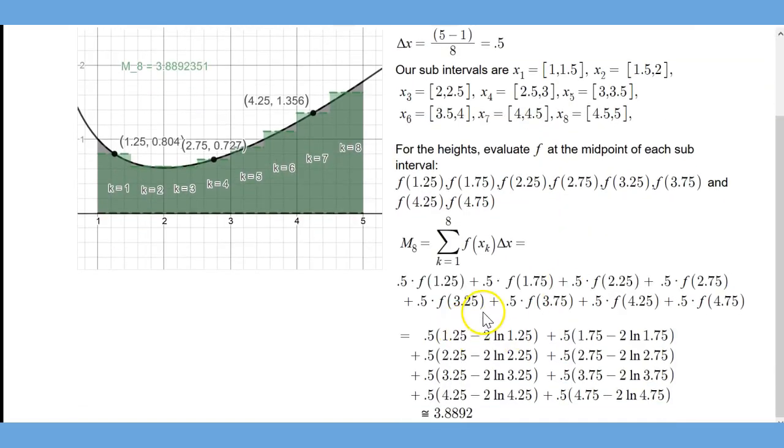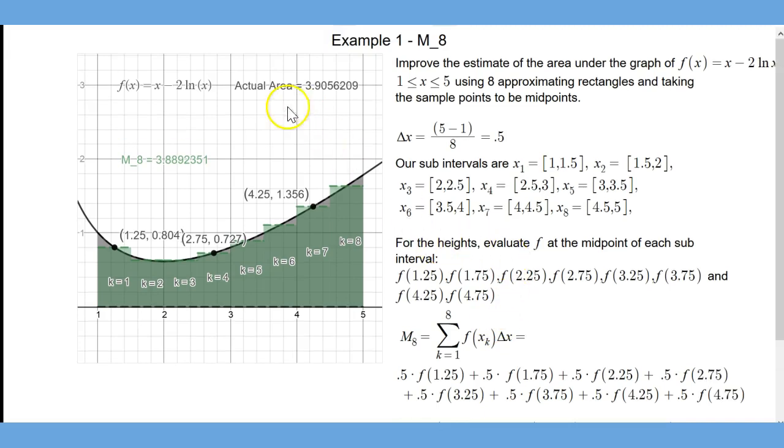It's not any great advanced math, but you can see that the estimate with the midpoint and 8 rectangles is getting pretty close to the actual area, which is 3.905, and that's rounded.